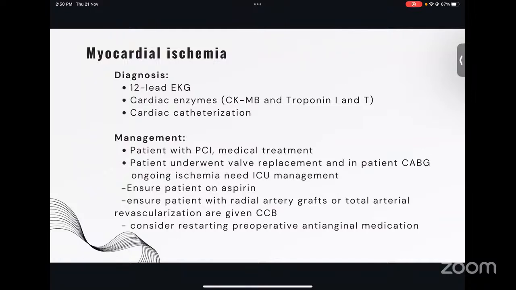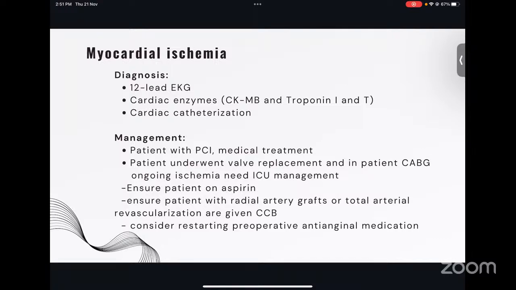Management of myocardial ischemia: for a patient with poor native vessels who underwent percutaneous coronary intervention, medical treatment will play an important role. A patient with normal coronaries who underwent valve replacement, or a patient who underwent coronary artery bypass grafting with ongoing ischemia, should be managed in ICU.